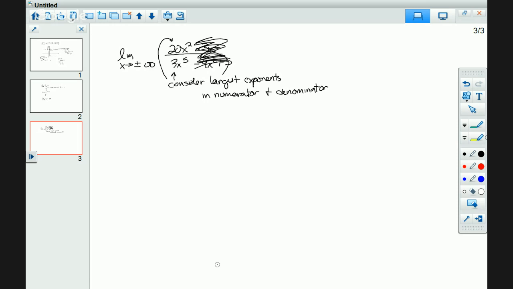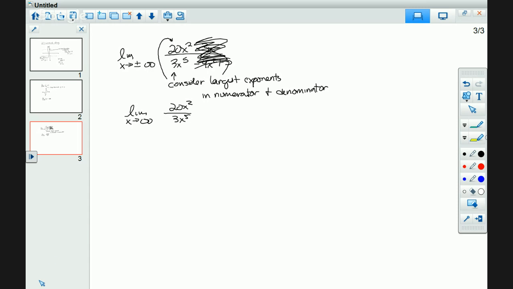It's in your book, example 1 or 2. These are not so algebraic, they're more logical, you gotta think through them. Okay. So we're gonna just do the positive infinity. 20x squared over 3x to the fifth.